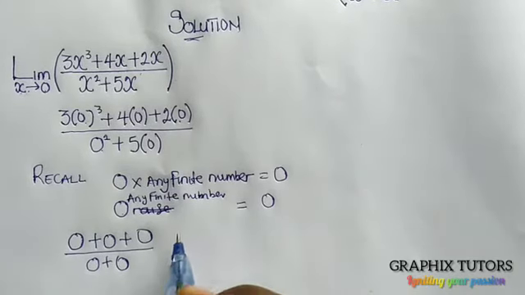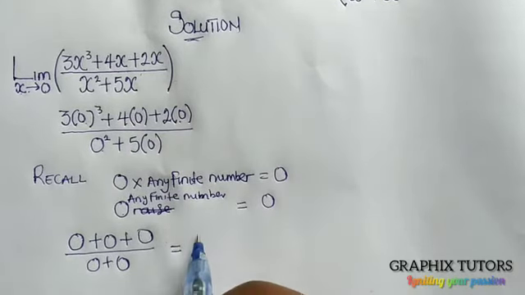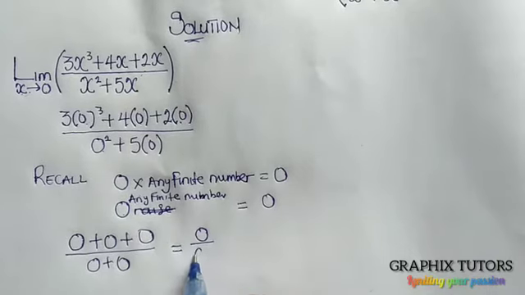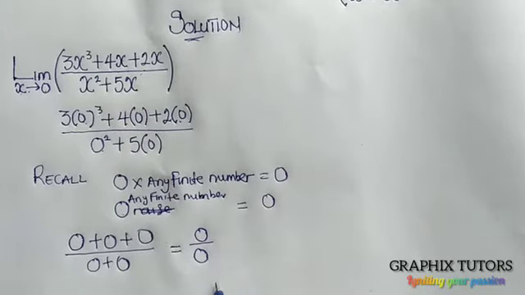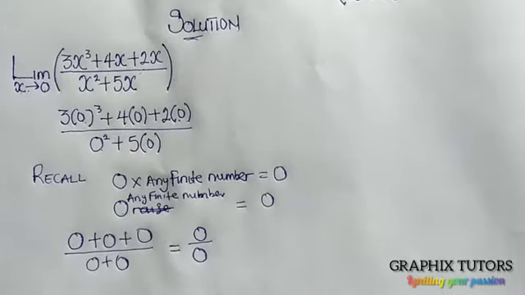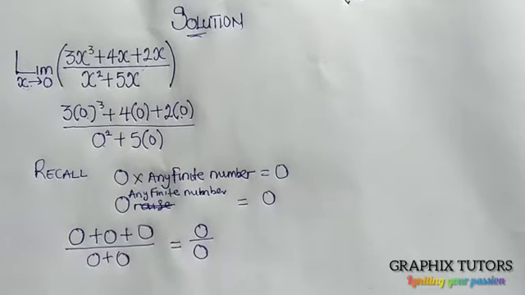So in doing that, we are going to be having 0 all over 0, right? Now this is undefined. So whenever you have 0 over 0, it is what? Undefined. Or you say it is what? Indeterminate.